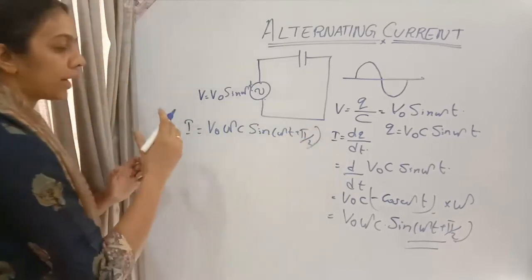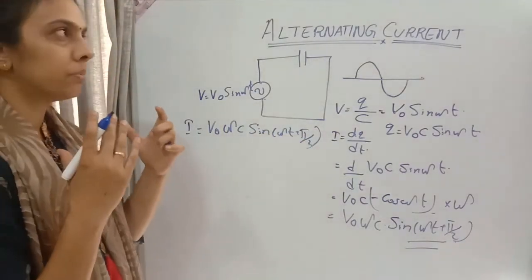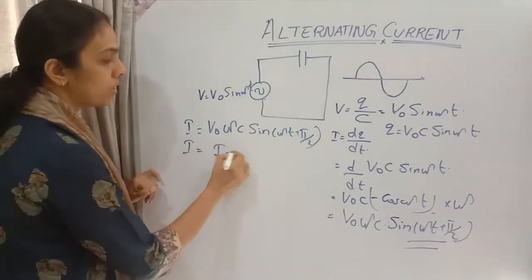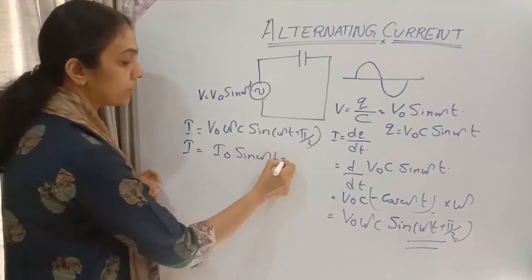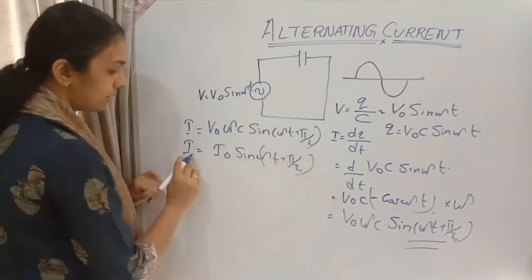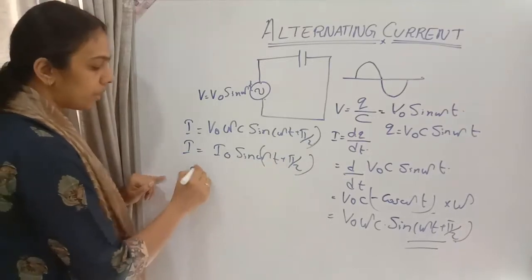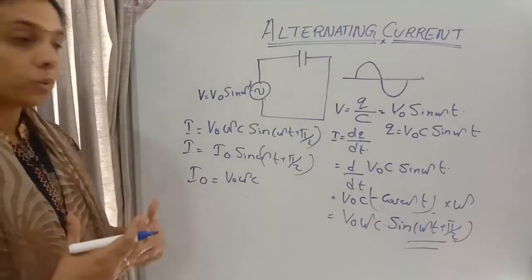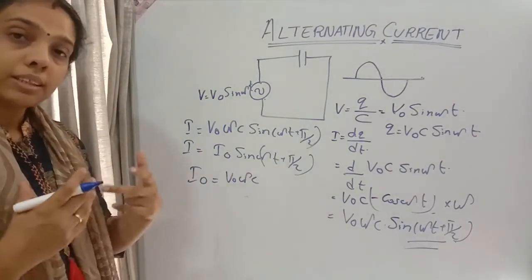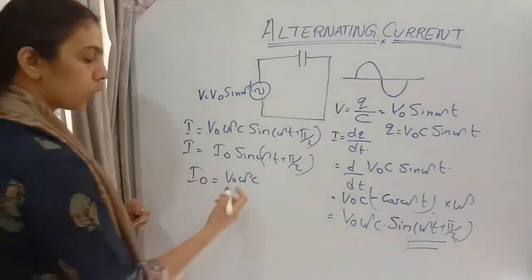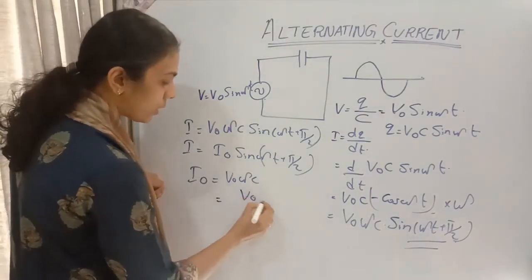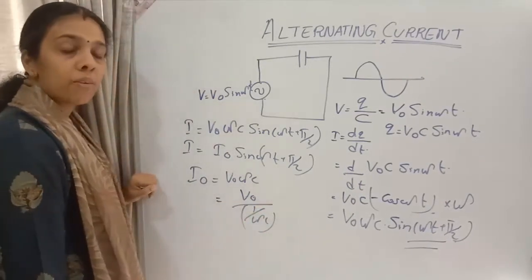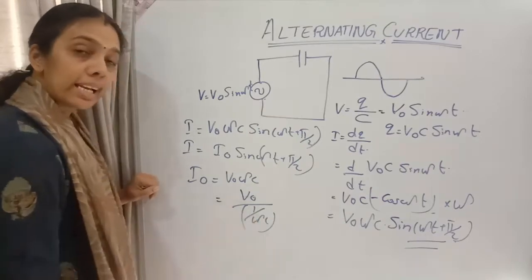So now I am going to arrange it in the known manner. Here I can write it as I0 sin omega t plus pi by 2. What is this I0? I0 means V0 omega C. As per Ohm's law, we know I equals V by R. So in that format, if I represent this V0 omega C, I can write V0 divided by 1 by omega C. What is this 1 by omega C? It represents the resistance.